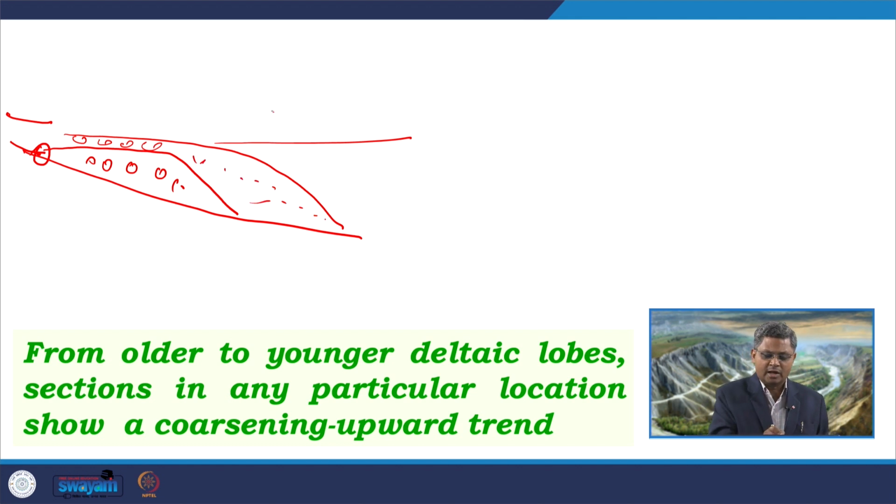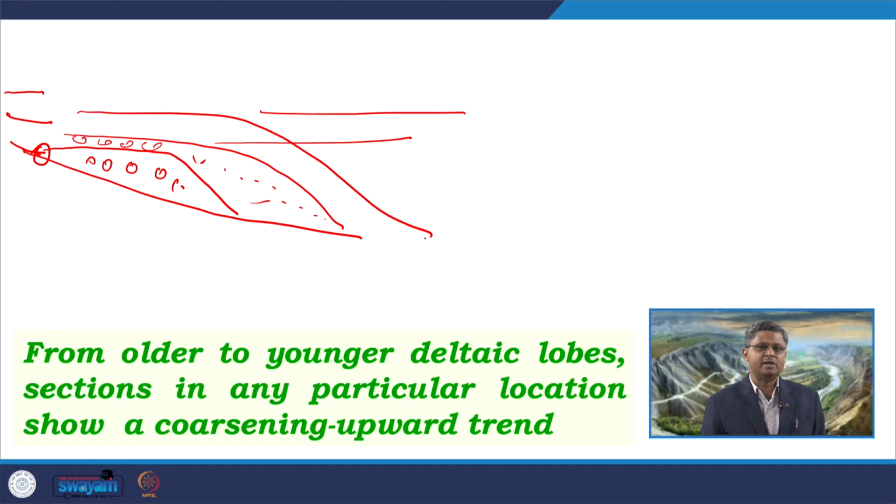When the base level rises again, the fluvial profile gets further gentler in gradient, and the energy condition decreases. So, it will form the next clinoform, which will be like this. The shoreline is gradually moving in this direction, and again we get the coarser grains in this portion and relatively finer grains in that load in this direction.